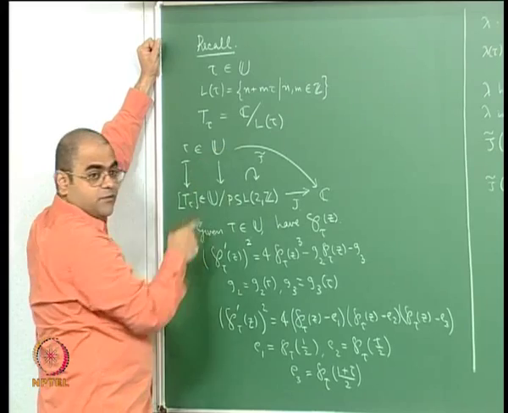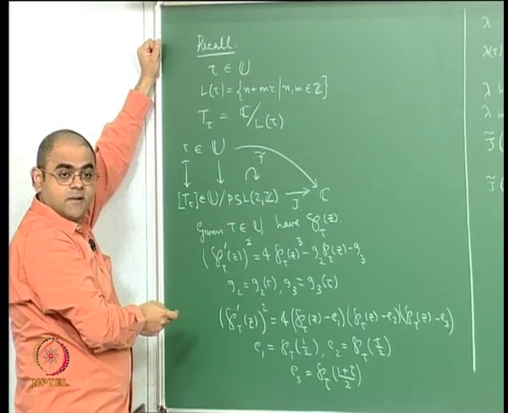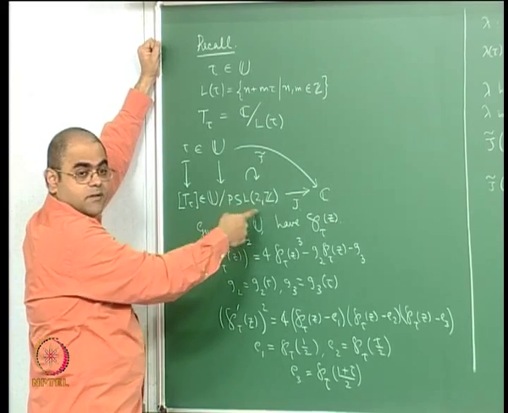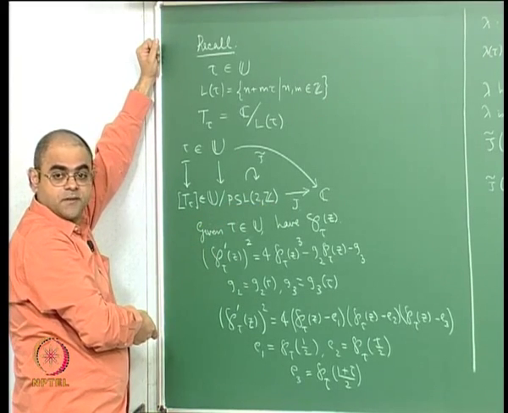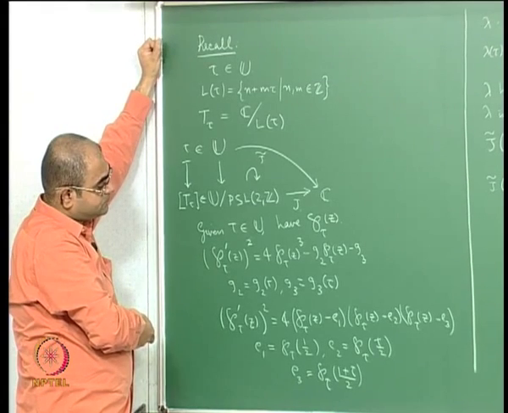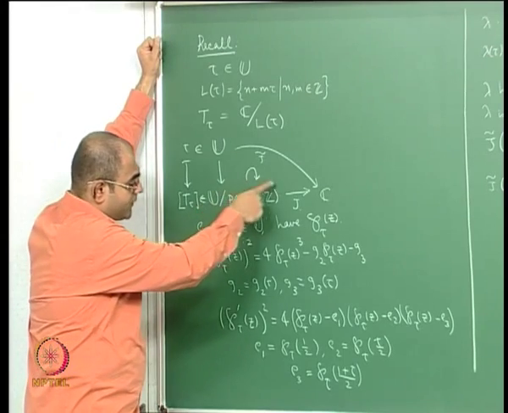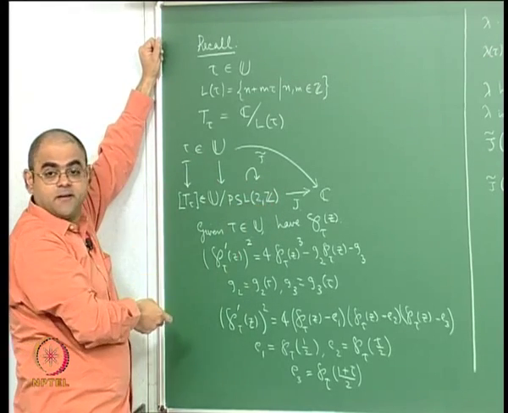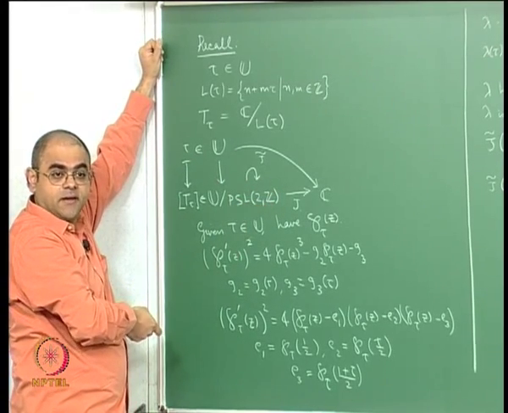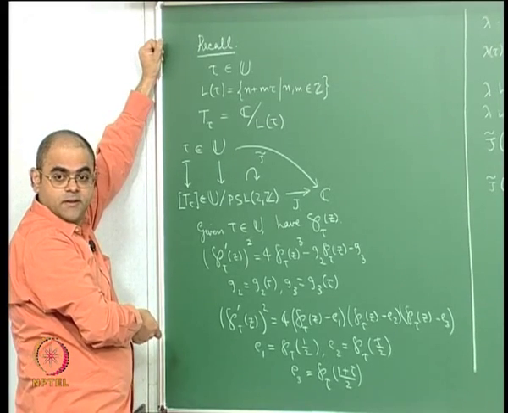If you remember, the way we proved that PSL2Z acts properly discontinuously on U was by proving that PSL2Z is discrete. Of course it is discrete because it has entries in the integers, but the more important thing is that it leaves the upper half plane invariant. So it is a Fuchsian group.